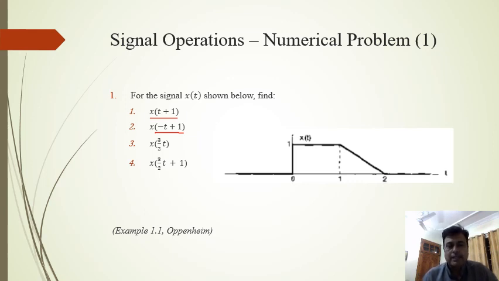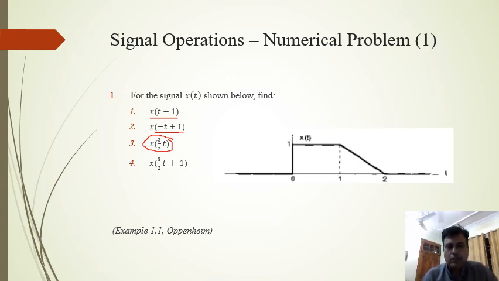The third case is you have to generate a scaled version of this signal x of t, x of 3 by 2t. So from this x of t you can easily generate x of 3 by 2t, how, we have already discussed in this lecture.